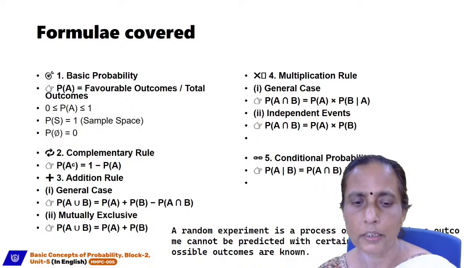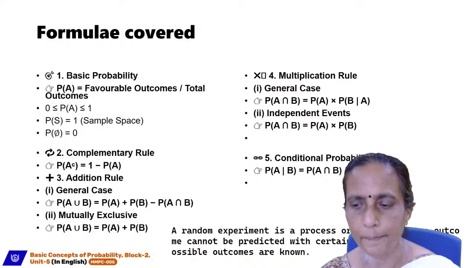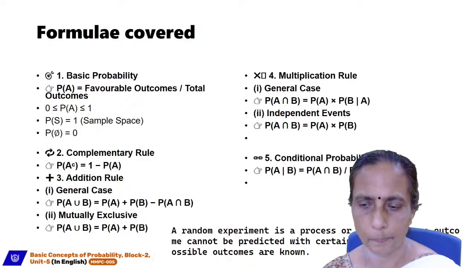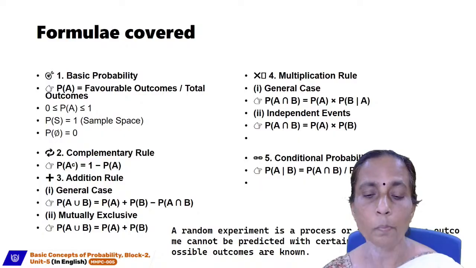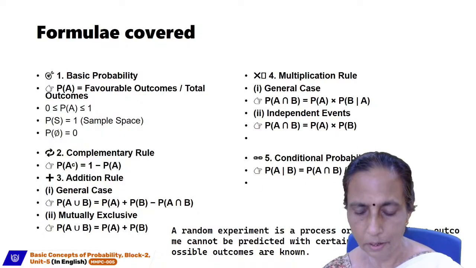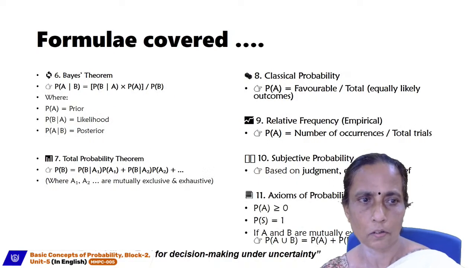We have discussed that a random experiment is a process or activity whose outcome cannot be predicted with certainty. Even though all possible outcomes are known, when we conduct a random experiment, the outcome cannot be predicted.